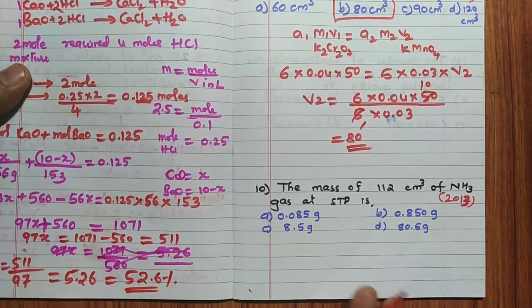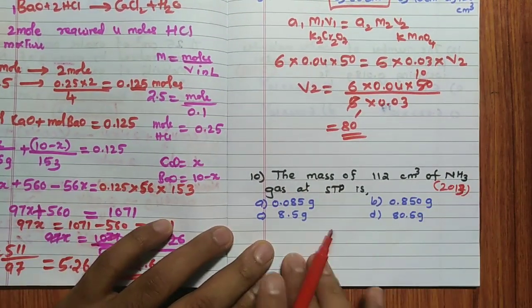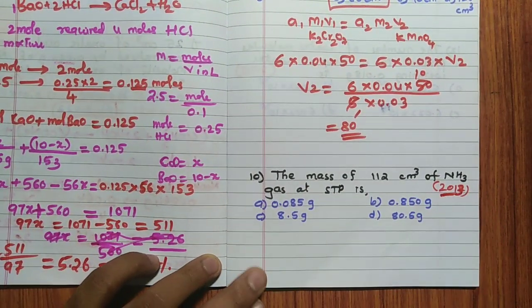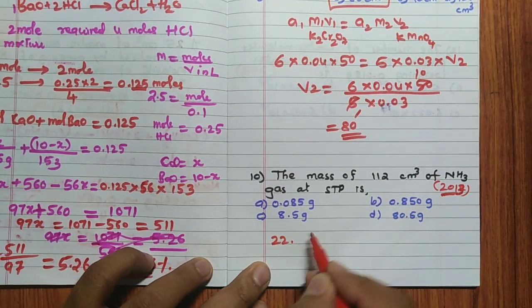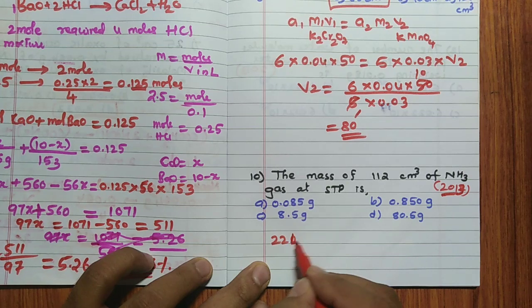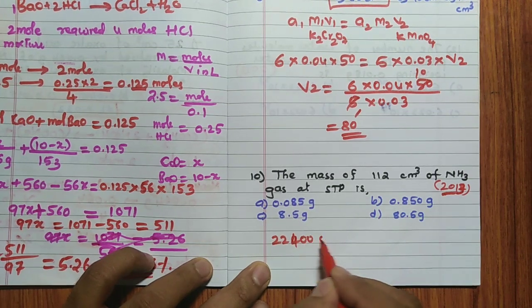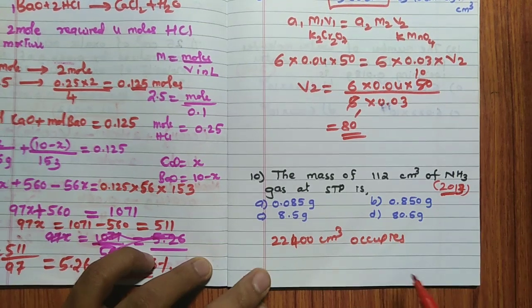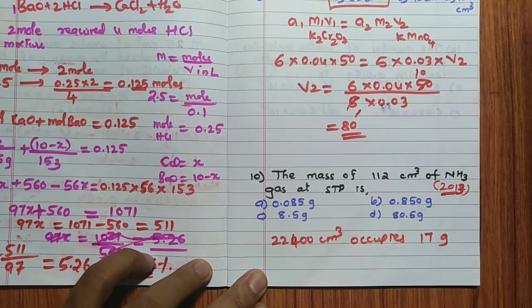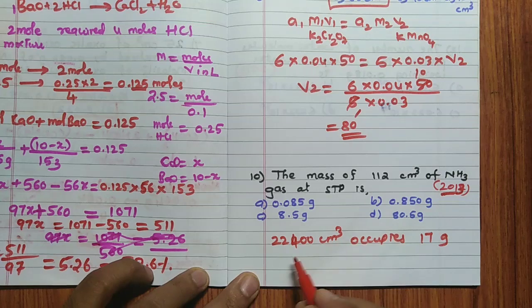Then the 10th question. The mass of 112 cm cube of NH3 gas at STP. 2013 asked question. Very simple question it is. What is the standard volume? 22.4, that is 22,400 cm cube is given. 22,400 cm cube occupies, remember, molecular mass of NH3, which is 17 gram. So 112 cm cube is how much?